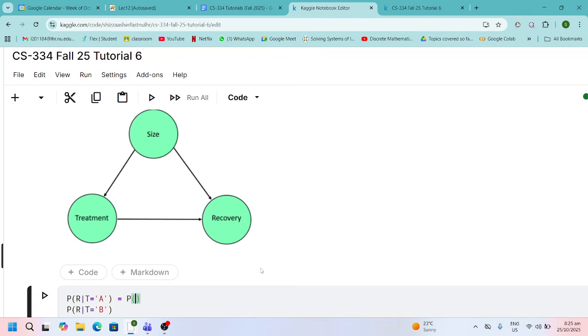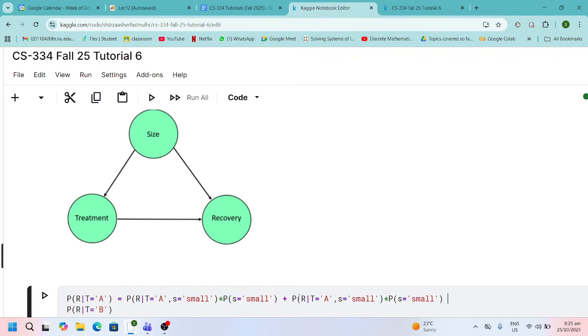So this will be equal to the probability of recovery given that the treatment is A and the size is small, multiplied by the probability that the size is small.